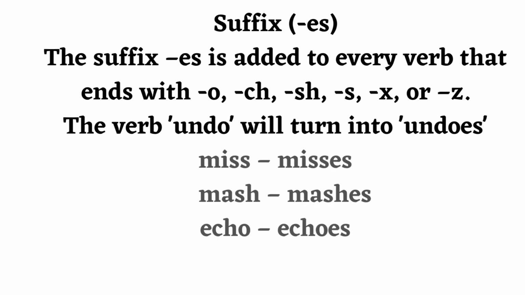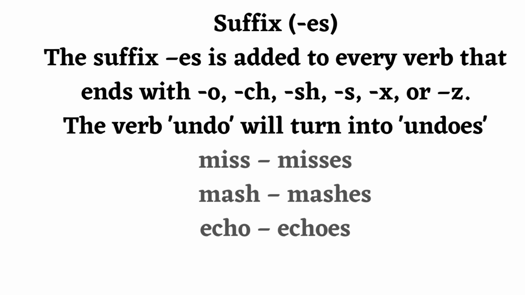The suffix es is added to every verb that ends with o, ch, sh, s, x, or z. The verb undo will turn into undoes. Miss will turn to misses. Mash will become mashes. Echo will become echoes.